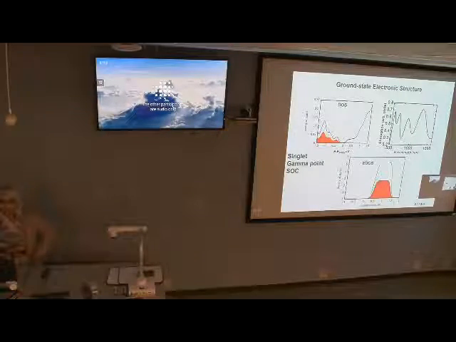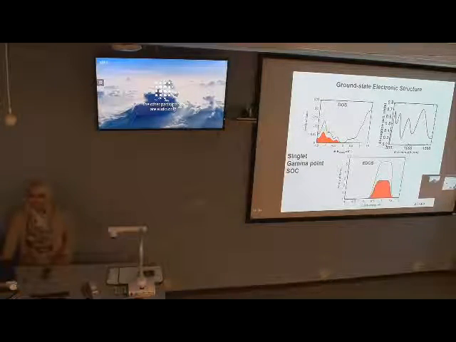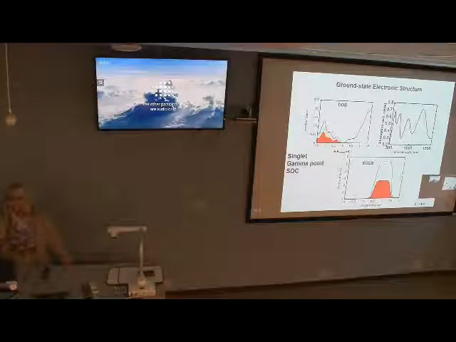So here is the ground state electronic structure for the singlet state at gamma point with spin orbit coupling. Which one is which?